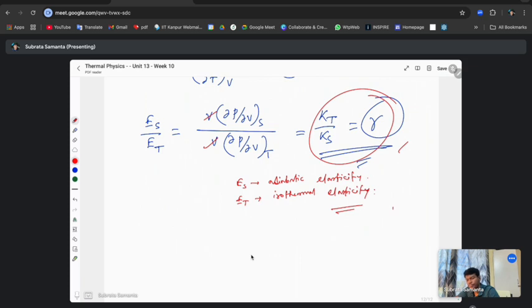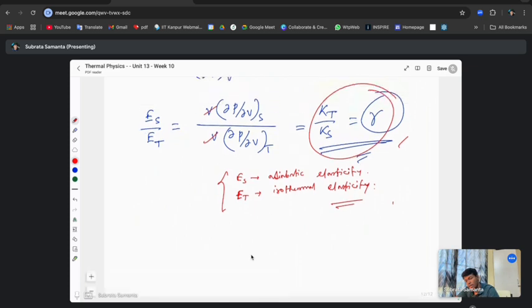The ratio of ES over ET is gamma, while the ratio of KT over KS is gamma, where KT is the compressibility, and ET, ES are the elasticities, isothermal and adiabatic.